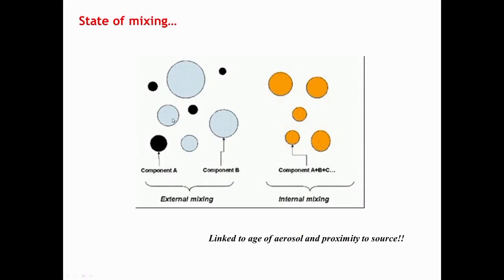But you wouldn't know, if they all arrive at the detector at the same time, whether individual particles are made of the individual components or whether the average composition is mixed across all of the particles.